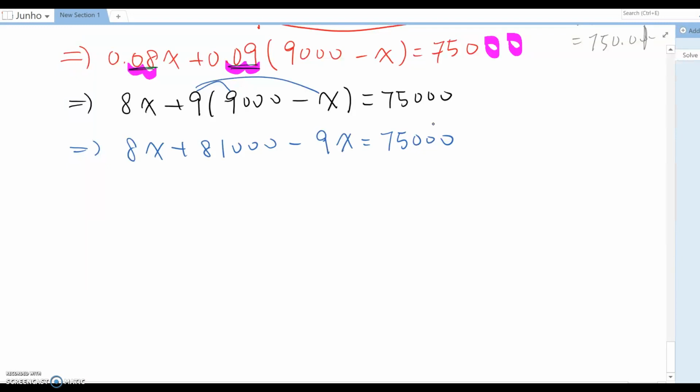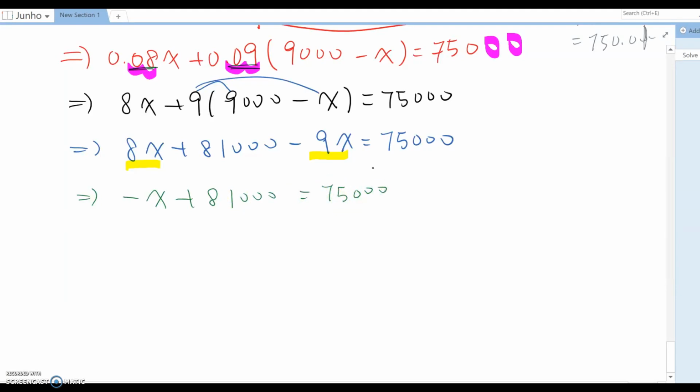On the left side, we see two different x terms, so we can combine like terms. Then this becomes negative x plus 81,000 equals 75,000.